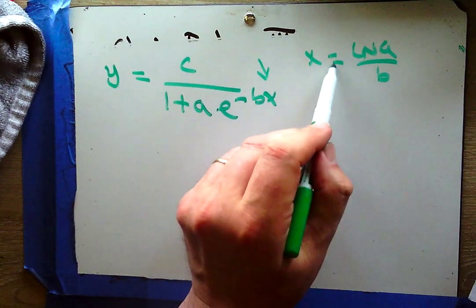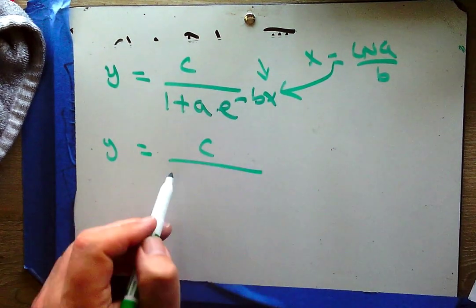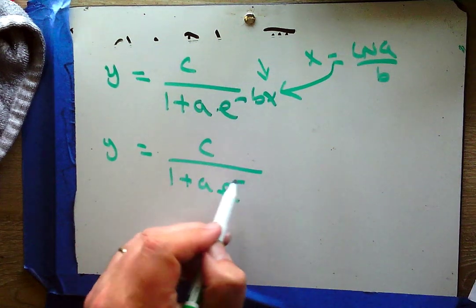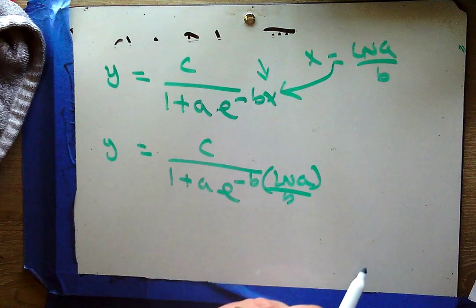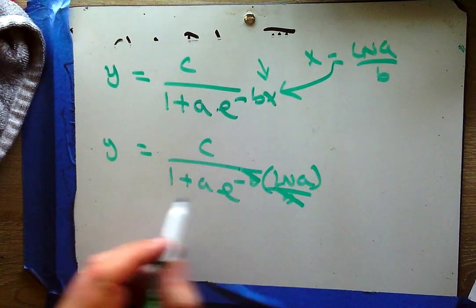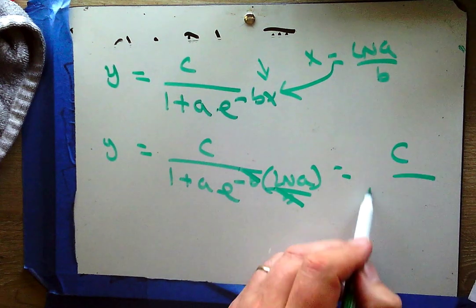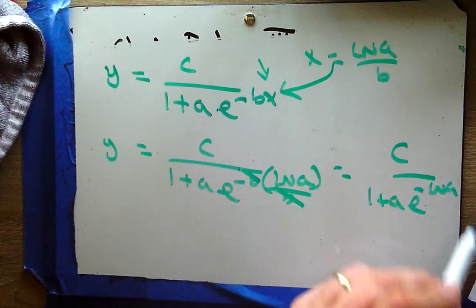So let's see if I put that in there, what comes up. y equals c over 1 plus a e to the minus b times ln of a over b. Now, do you see? And so now we're looking at c over 1 plus a e to the minus ln of a.